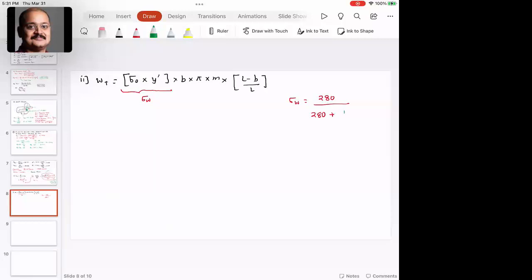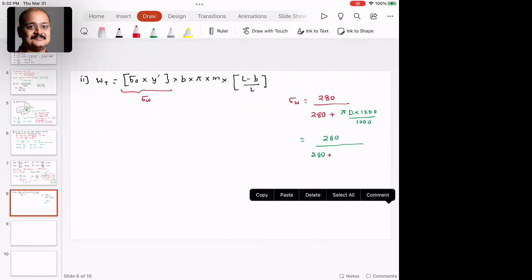So it will be pi times D times N, which is 1200 divided by 1000. So this equation is going to become 280 divided by 280 plus pi times module multiplied by number of teeth times 1200 divided by 1000.